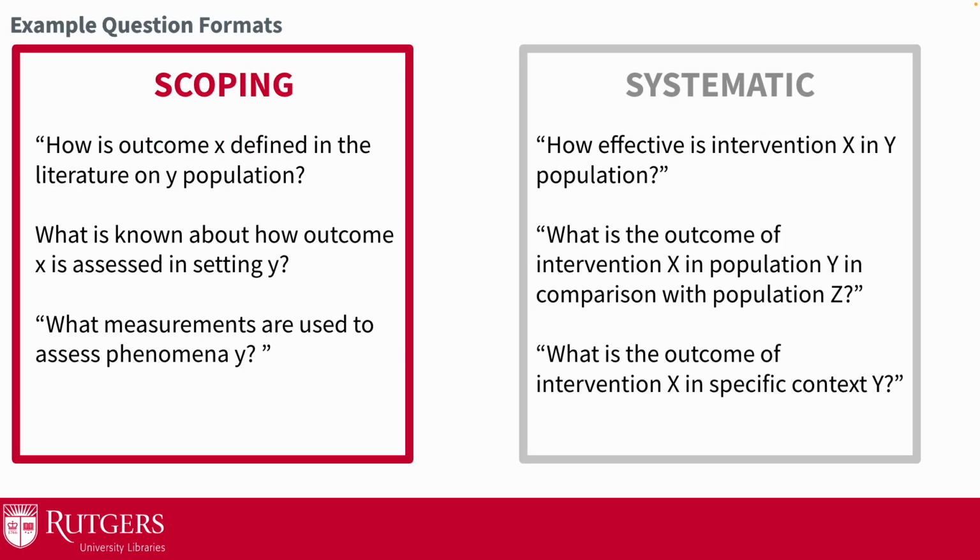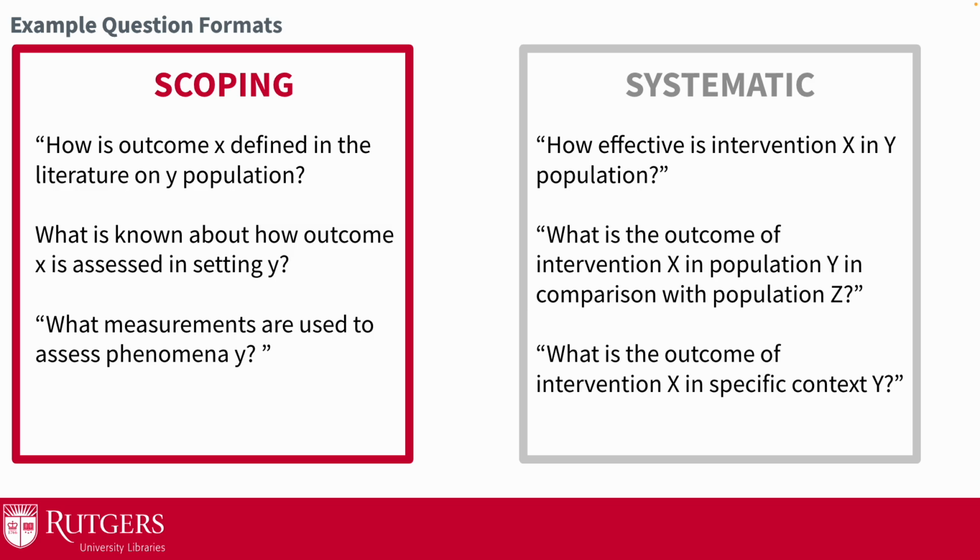Here are some examples of formats of questions you might come across if you're doing a scoping review versus a systematic review. For a scoping review, we might ask something like, how is outcome X defined in the literature on Y population? What is known about how outcome X is assessed in setting Y? Or what measurements are used to assess phenomena Y? Systematic reviews ask more specific questions.